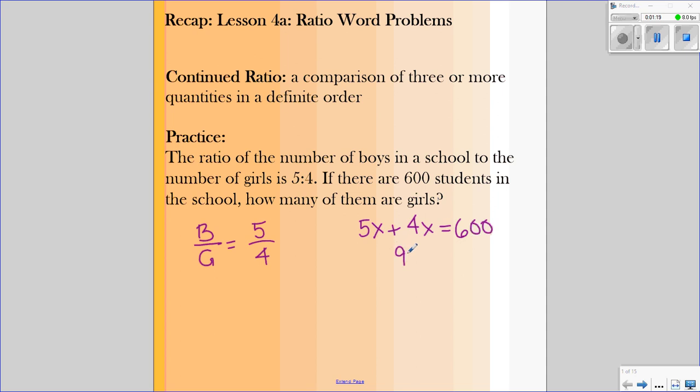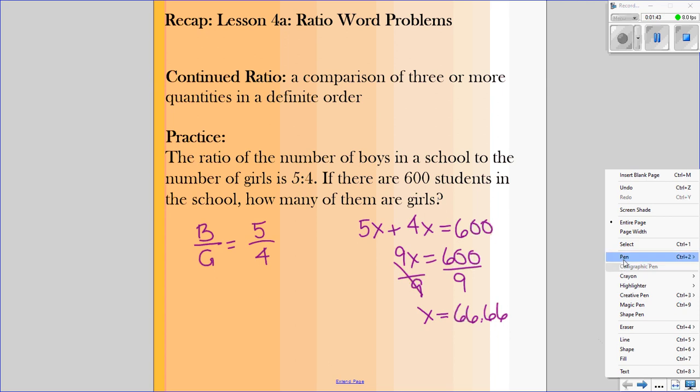So when you add these two, you're going to get 9x, and then when you divide, you're going to get a decimal for that, so it's going to be 66.66. So basically, just leave it as that, and let's just plug it into what we need to plug it into.